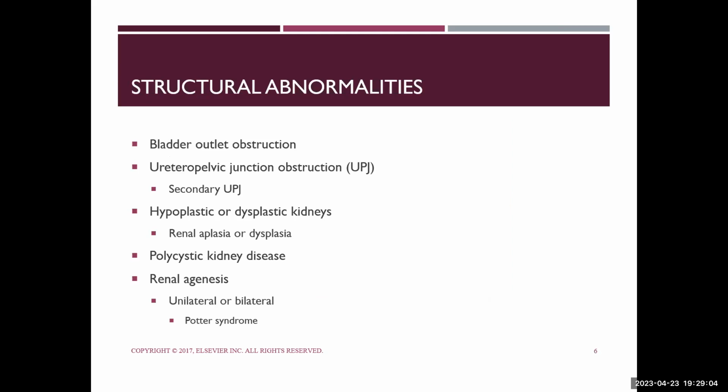Other types of abnormalities include various types of obstructions. So you can have bladder outlet obstructions. This is a relatively rare birth defect characterized by partial or complete blockage of the urethra.